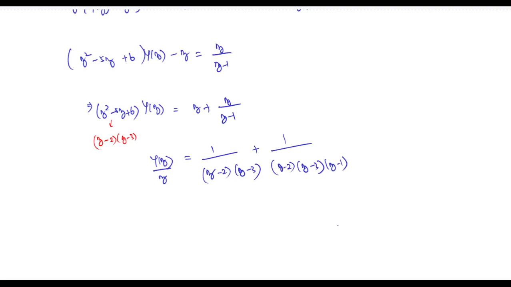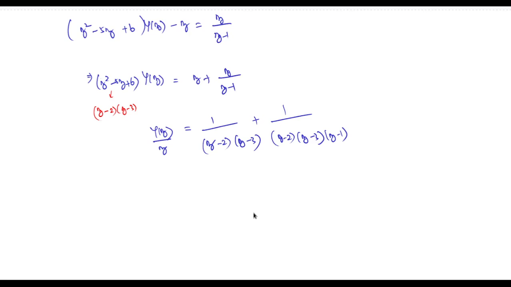Now I can group them together and find the values for both of them. Computing this, it should give you Z divided by Z minus 1 into Z minus 2 into Z minus 3.